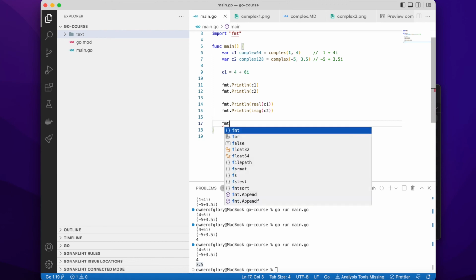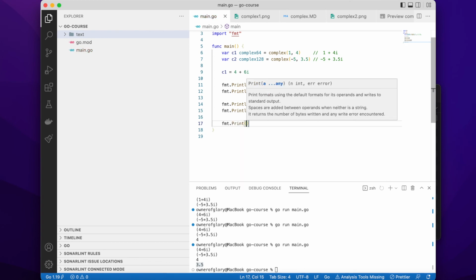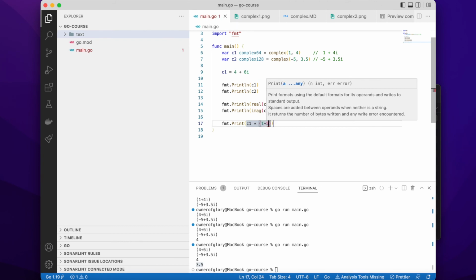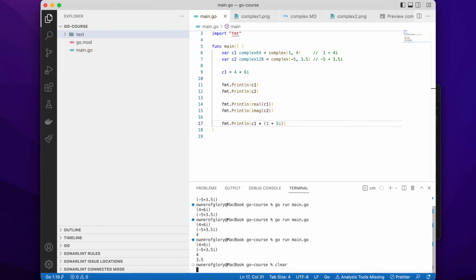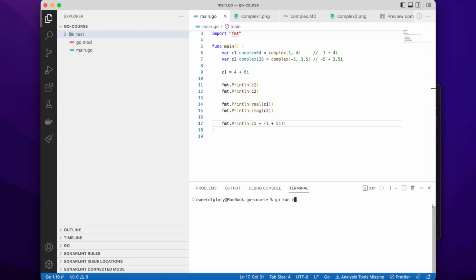Here I'll just demonstrate this by printing out C1 multiplied by 1 plus 5i. I just use this complex number literal, and I'll just Println, clear this and run the code once again. And at the end, we see the result of this multiplication.